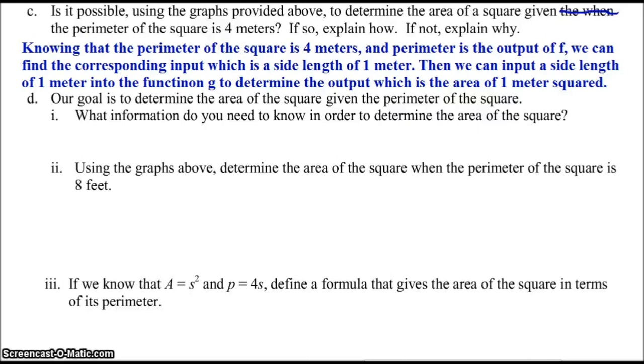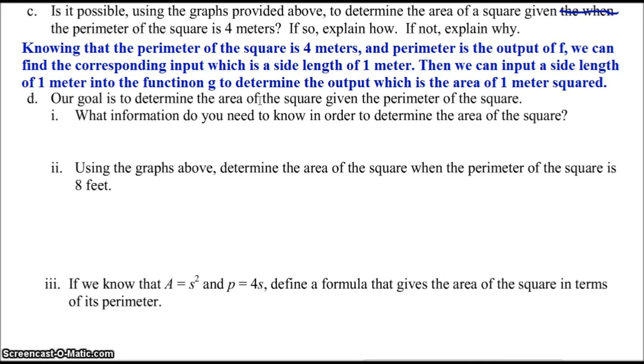Part I, what information do you need to know in order to determine the area of the square? So notice that in part C, all we needed was the perimeter, and we could determine the area of the square.